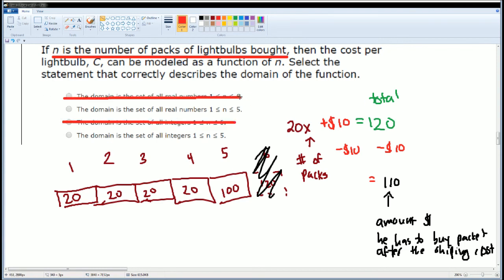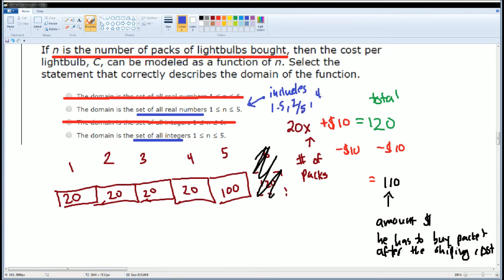The difference is this statement: set of all real, versus set of all integers. When it says the set of all real numbers from 1 to 5, this includes numbers like 1.5 or 2 over 5.